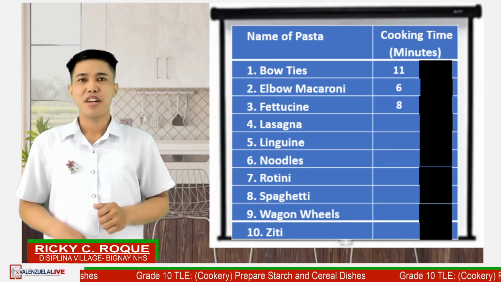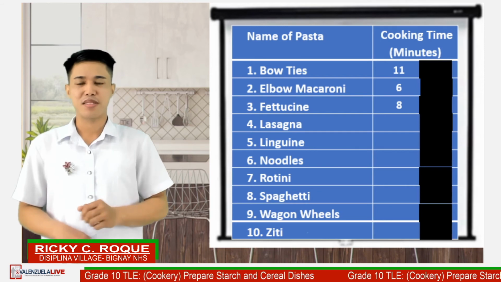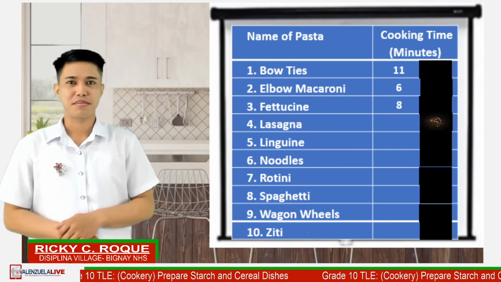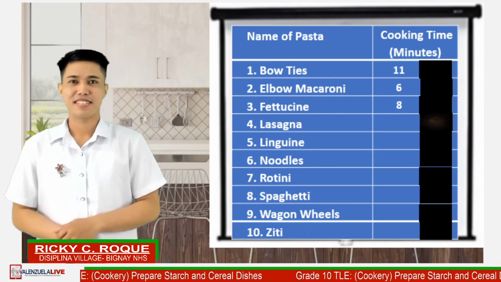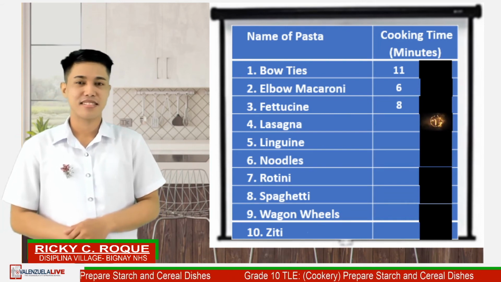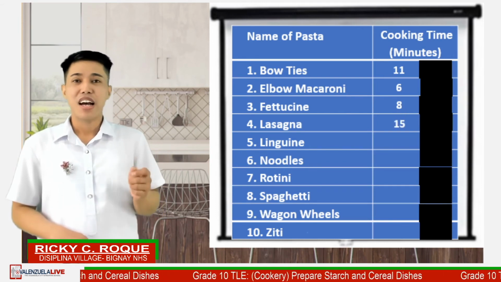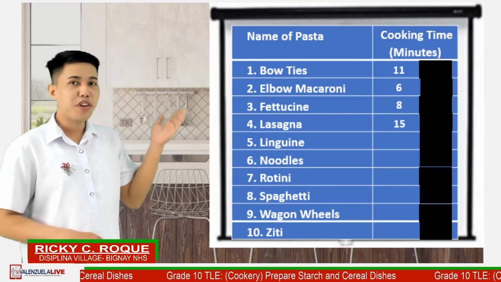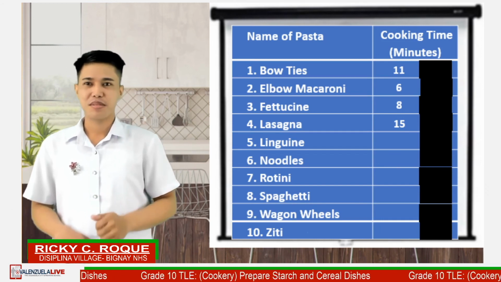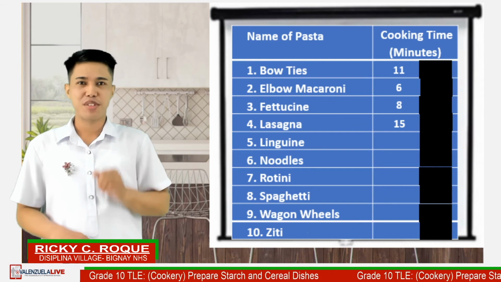Great! Number 4, lasagna for 5 seconds. Lasagna has a cooking time of 15 minutes. Great! Number 5, linguine for 5 seconds.